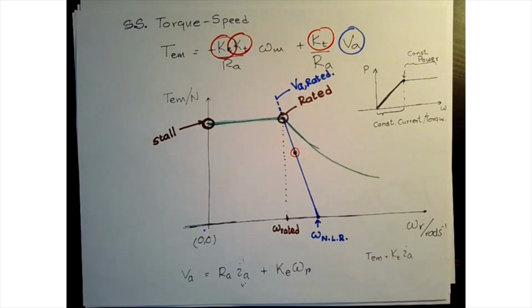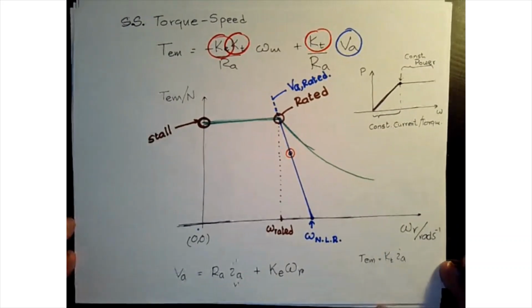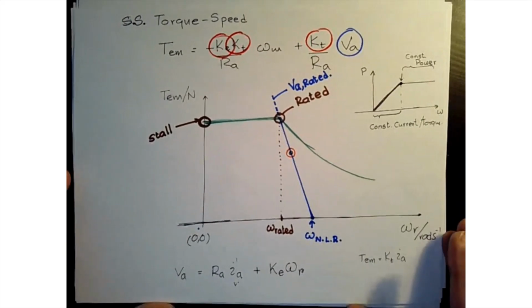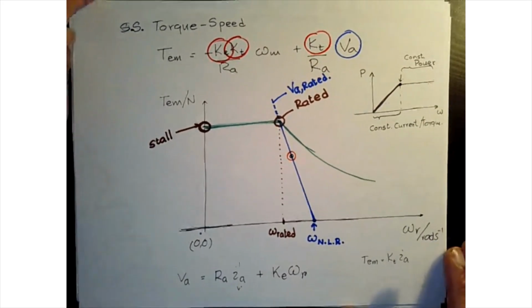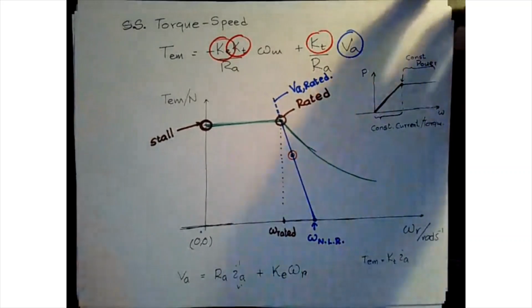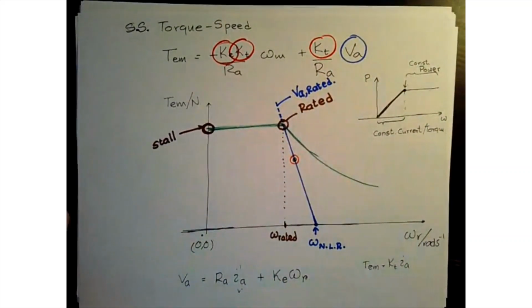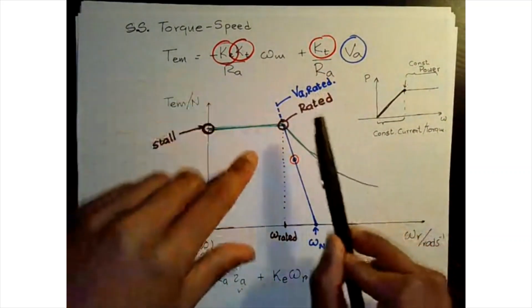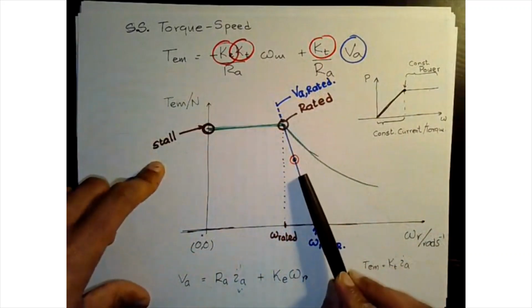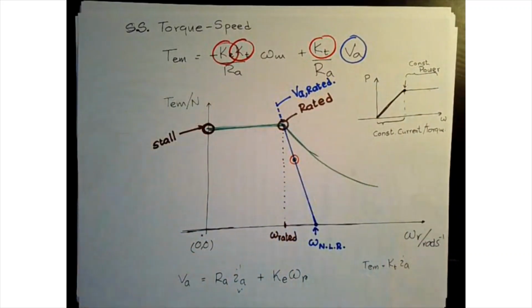Okay, all right. Now that you guys have that figured out, we are going into the next step of field weakening. This is where the true field weakening is going to apply. This means we cannot cross this line.